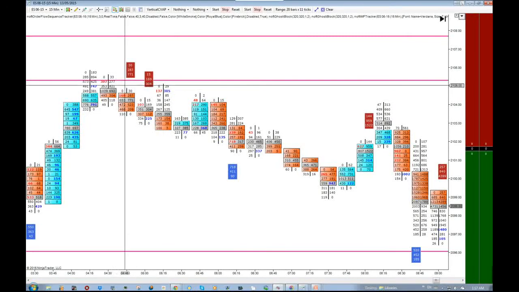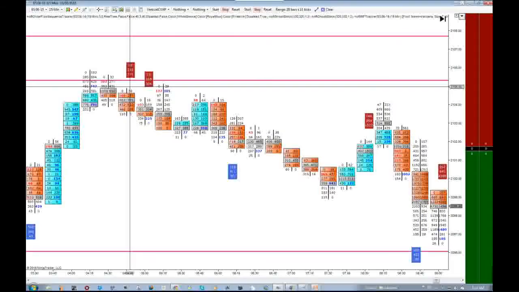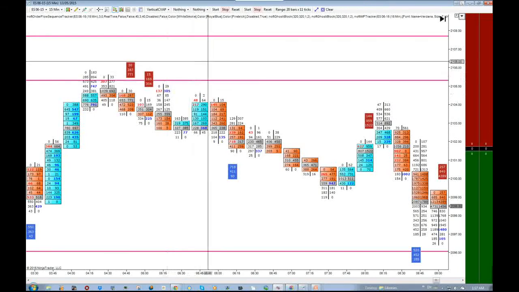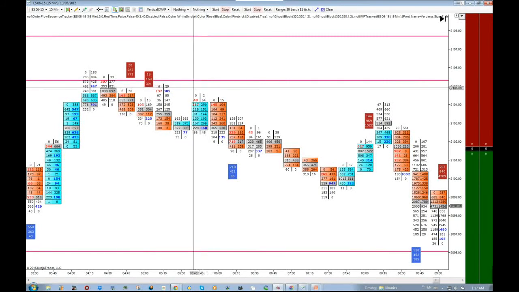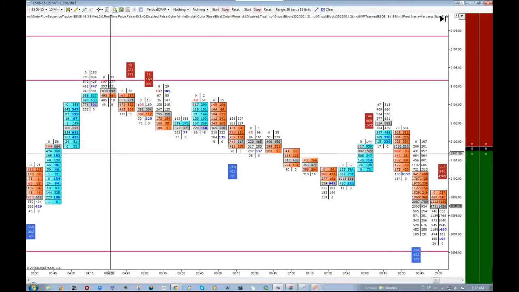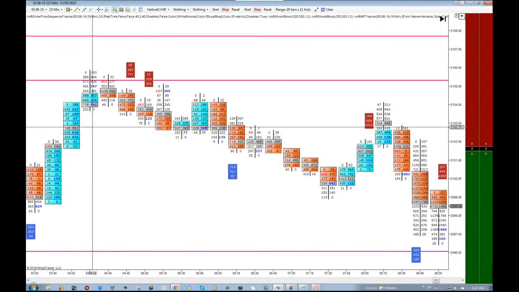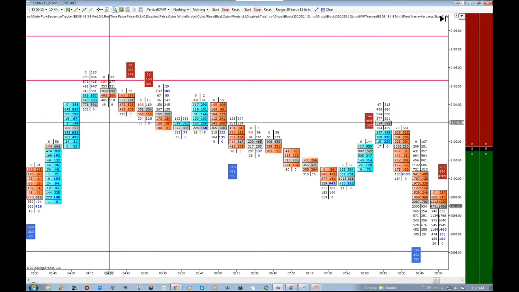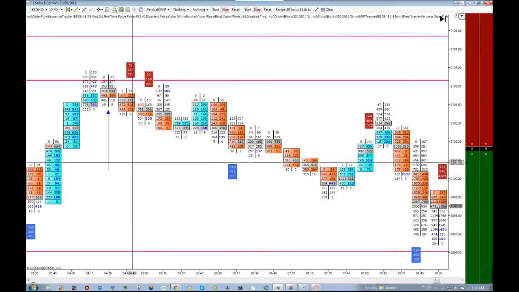So how do we use this? We know that these imbalances are showing us where contracts were bought or sold aggressively. As we come up into that 2105 area, you notice there are no blue numbers on this candle or this candle.